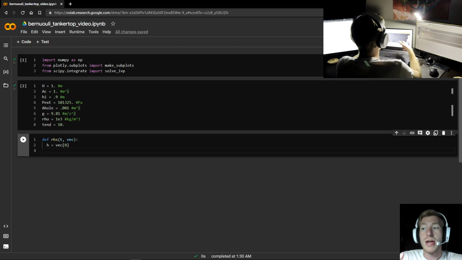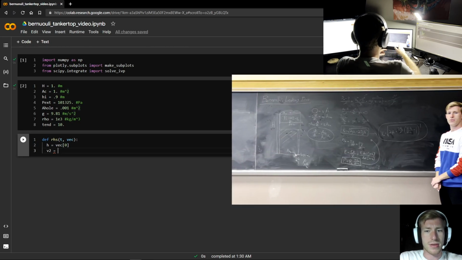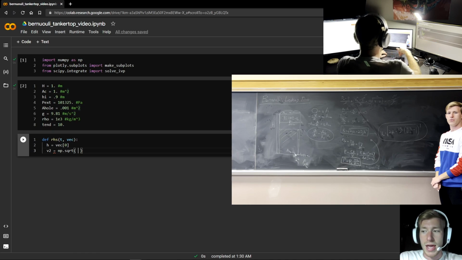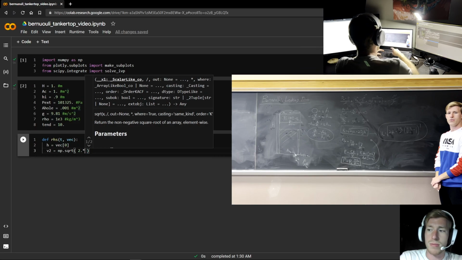Now the next thing we're going to do is define V2, since that was a very special derivation for us and hit me close to home. It will come up in the later portion of our assignment. We're going to write that down. So V2, as the board says, is just going to be the square root, np.sqrt. Make sure I spell that correctly. Inside that square root we have the 2 that I'm going to pull out to multiply by.